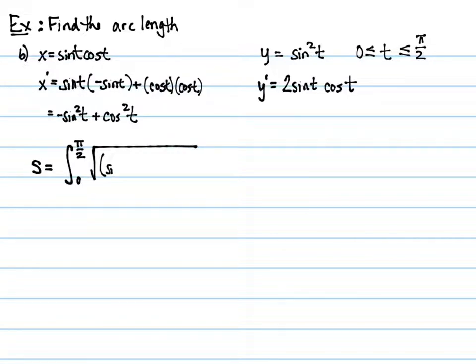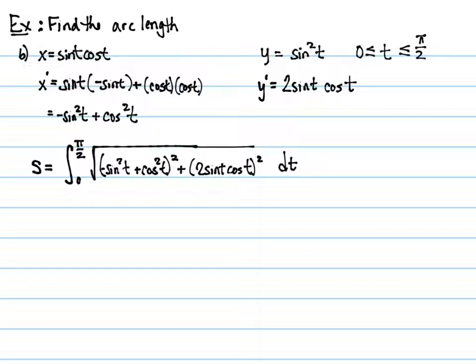And then we have negative sine squared of t plus cosine squared of t, all squared. And then plus 2 sine t cosine t, squared, dt. Is that all right? It's going to look worse before it looks better.